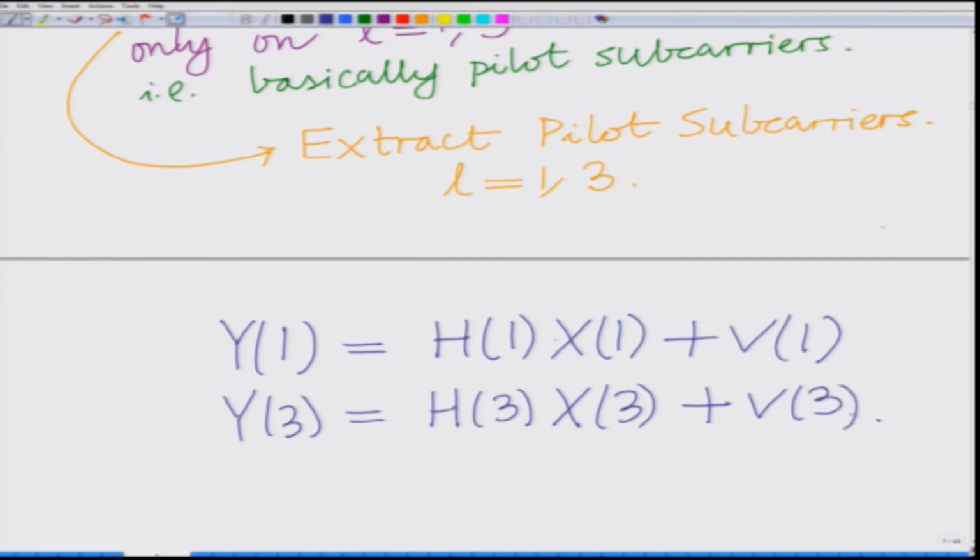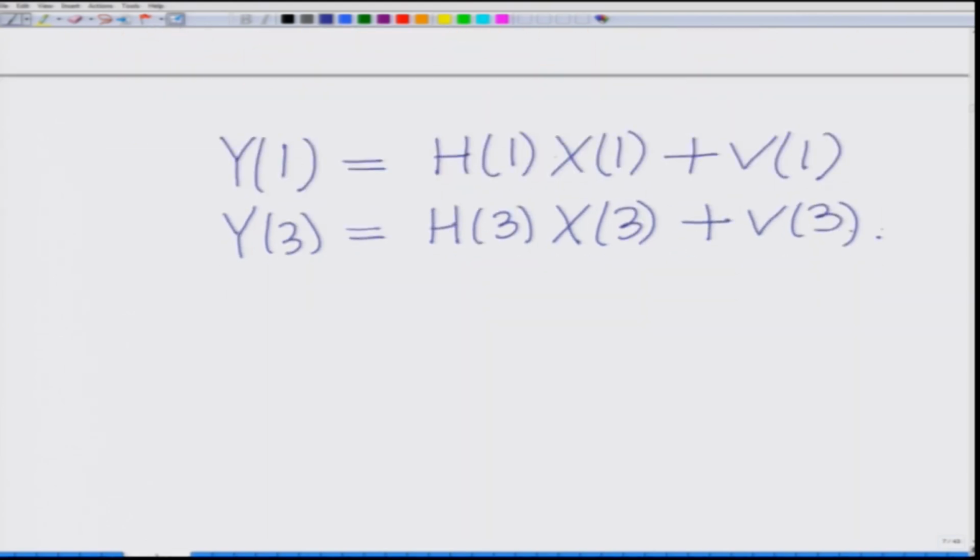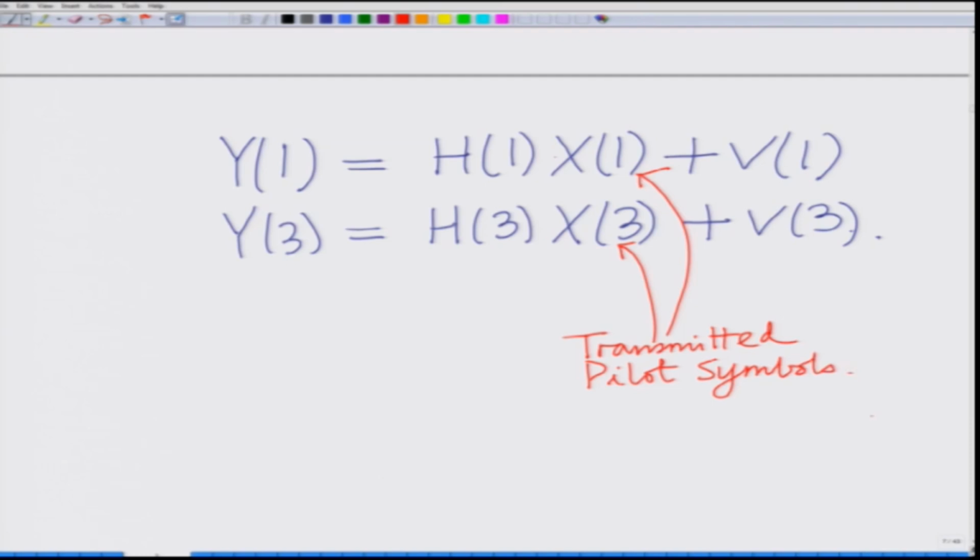Remember, these X1 and X3 are your actual transmitted pilot symbols.